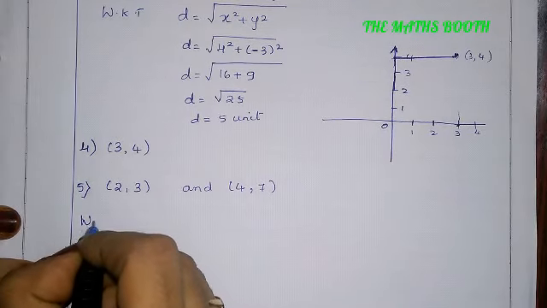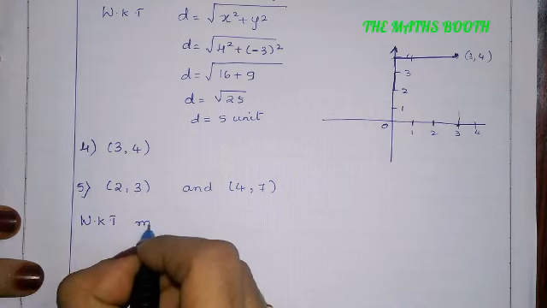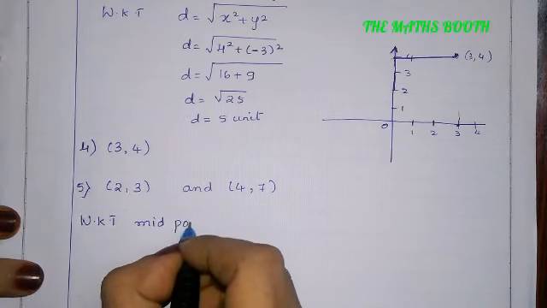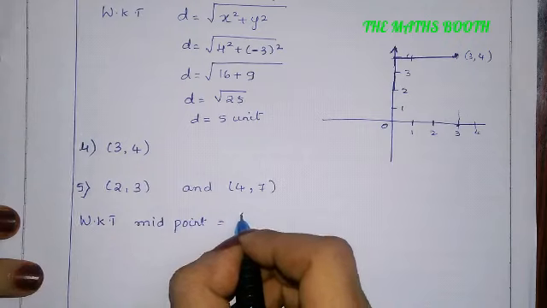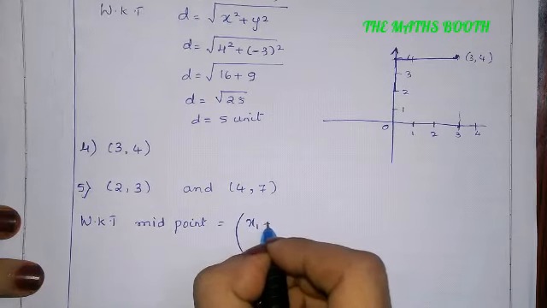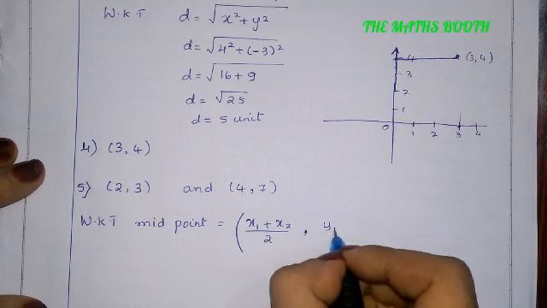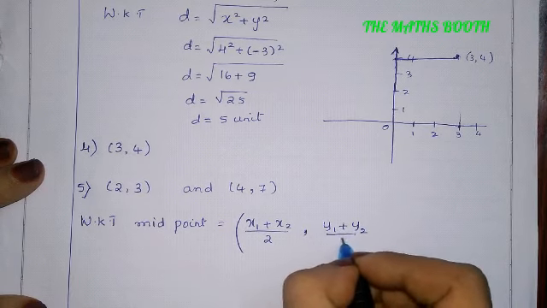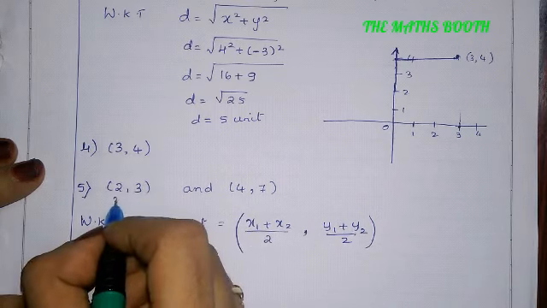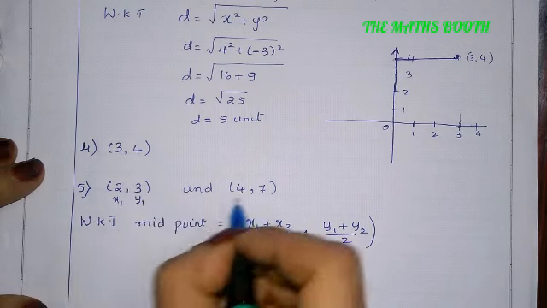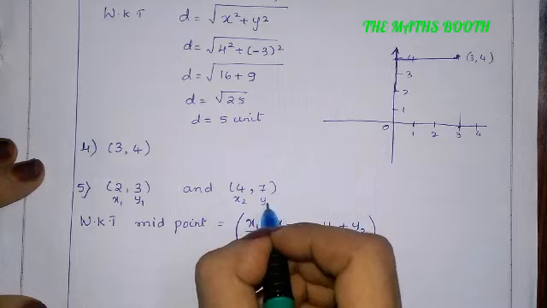We know that the midpoint is equal to, the formula you should know, x1 plus x2 by 2 comma y1 plus y2 by 2.